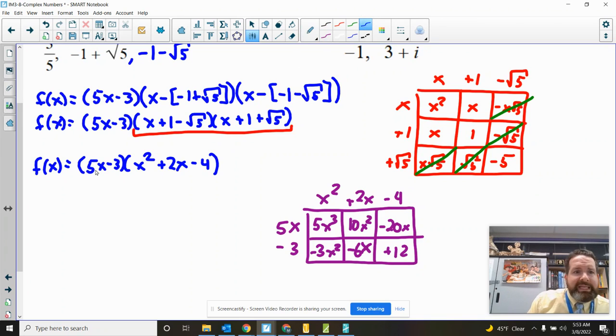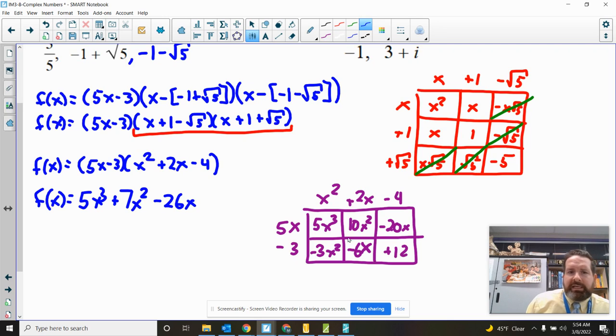Okay, so what do we have in the end? 5x to the third. 10x squared minus 3x squared would be plus 7x squared. Negative 20x minus 6x is minus 26x. And then with a plus 12 on the back.